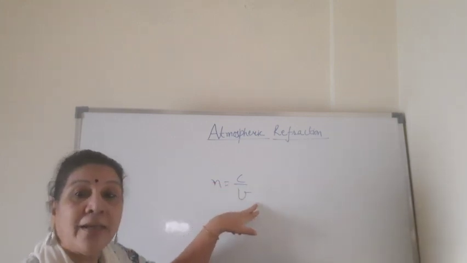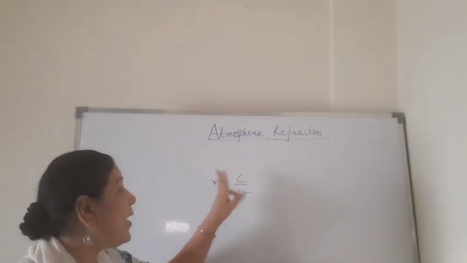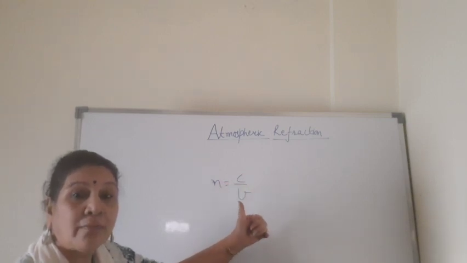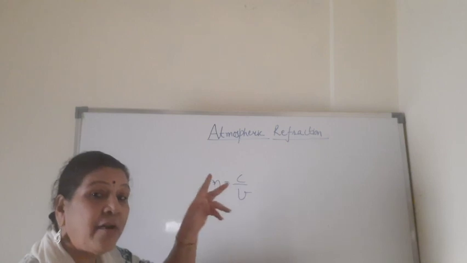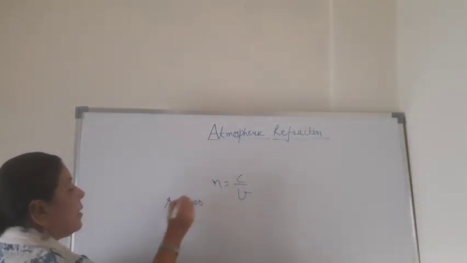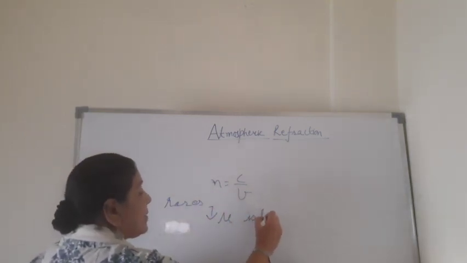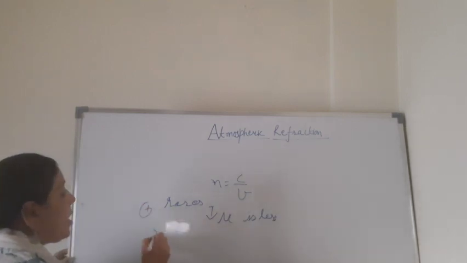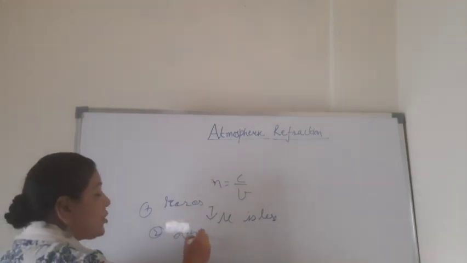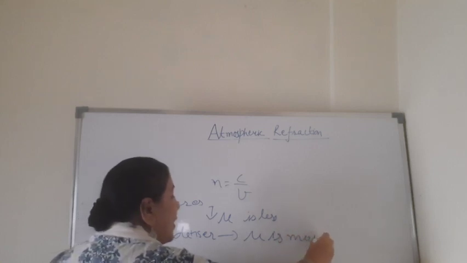In the optically rarer medium, the velocity is more and the refractive index will be less. So optically rarer means mu or n is less, and optically denser means mu is more. So take it this way.